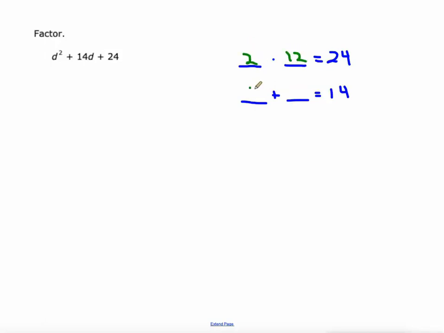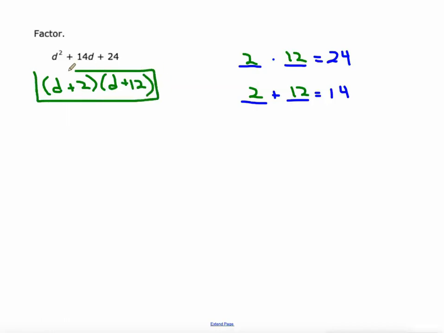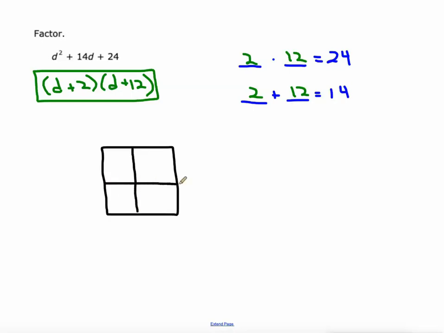2 times 12 is 24. 2 plus 12 is 14. And that's why our factorization here is d plus 2 times d plus 12. I'm going to show this with a rectangle diagram too. Break it up into 4 parts here.